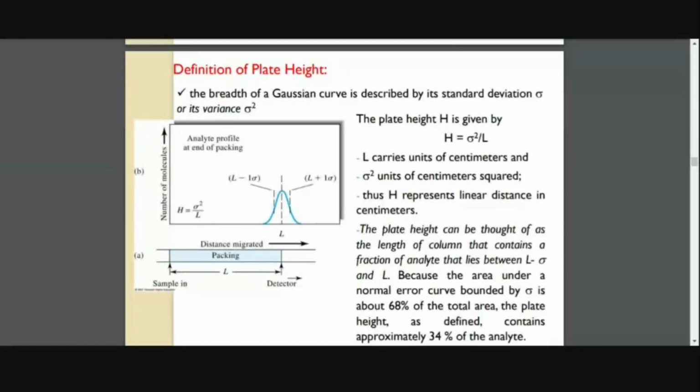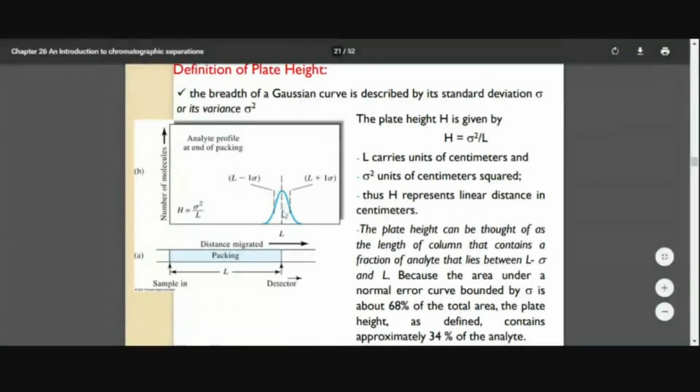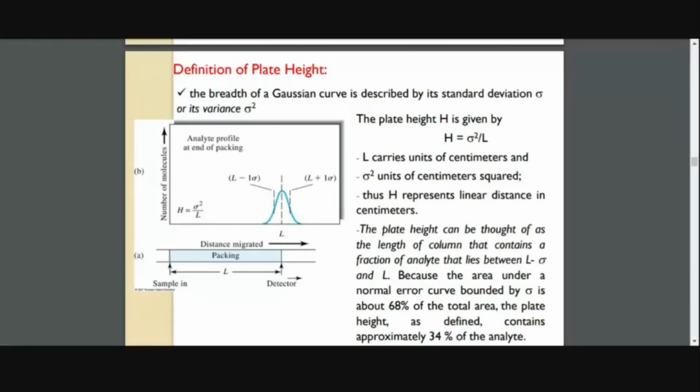Okay, now coming back to the definition of the plate height and plate theory. The breadth of the Gaussian curve, मतलब वो Gaussian curve कितना broad है, that breadth is described by the standard deviation or its variance. We have seen that in statistics. Sigma is important when we talk about the Gaussian curve.